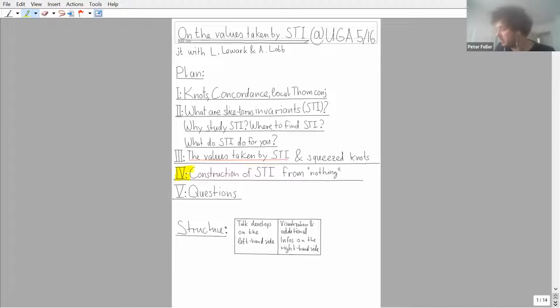So we will have a construction from nothing. And then there's questions, and the way the talk is supposed to develop is I will always write on the left-hand side, and on the right-hand side there will always be additional information that I will point to at a given moment.